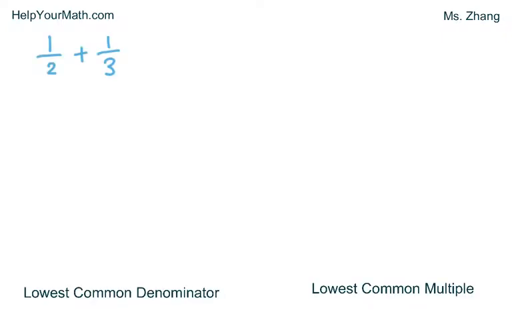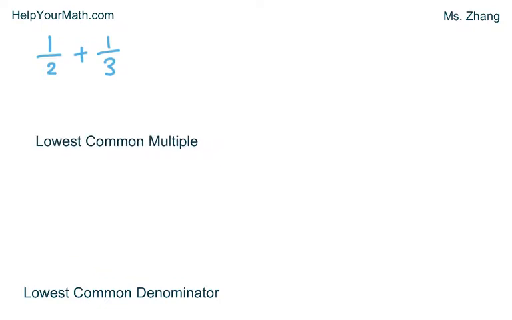Let's say we need to find the sum of 1/2 and 1/3. That means we need to find the lowest common denominator of 1/2 and 1/3, or we need to find the lowest common multiple of 2 and 3. So first I will show you how to find the lowest common multiple of 2 and 3.